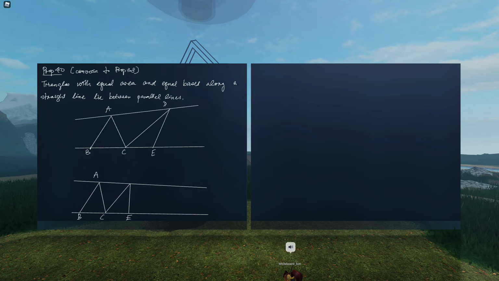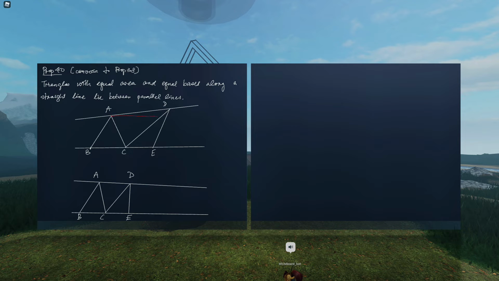The reason I'm doing this is that I'm going to make a construction. I'm going to try and prove that BE is parallel to AD. I'll write the text for this a little later, but the first construction in the proof is to construct a line through A parallel to BE.